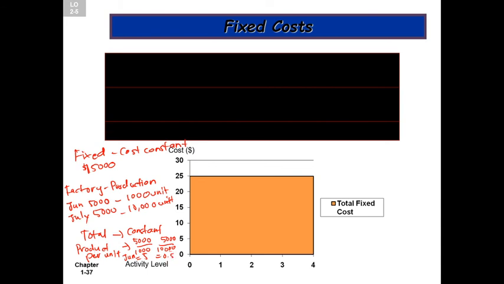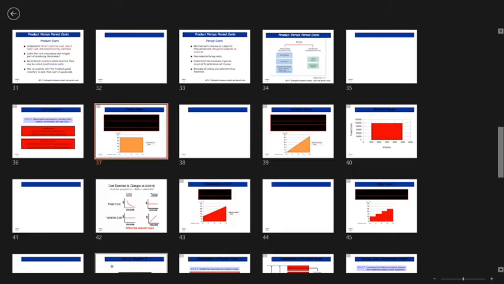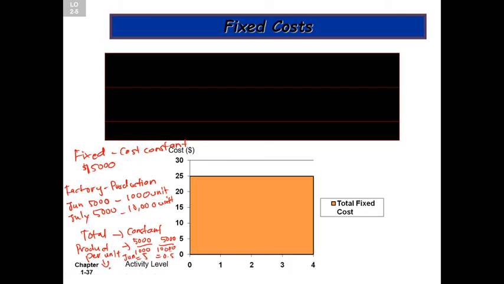So as you can see, the cost per unit is changing, but in total it is constant.